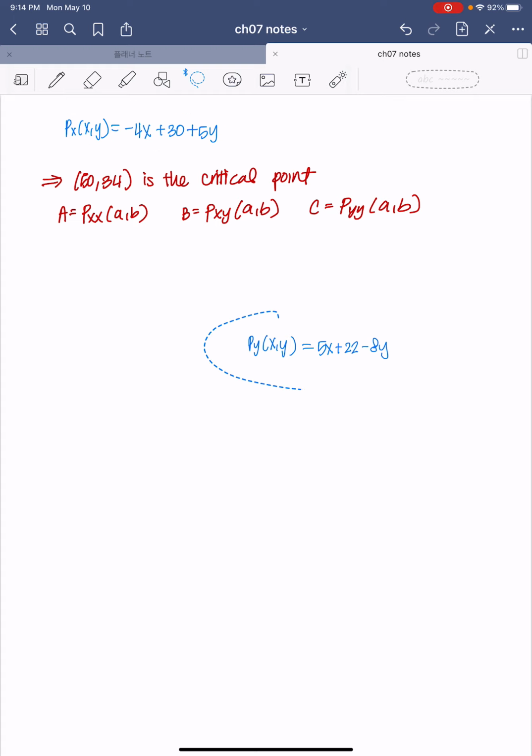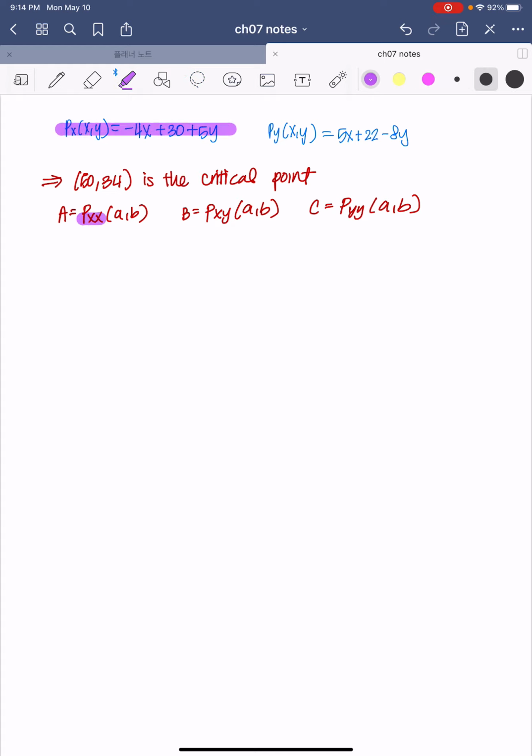So this is P of x function and this is P of y function. Now let's take the first one, P of xx. I'm going to use this one and take the derivative with respect to x again. So it will be only this term, so a is negative 4. Second one, same thing. I'm still going to use the purple one, but this time I'm going to take the derivative with respect to y. So this term. So I have b is equal to 5. And then c is this function here, P of y, with respect to y. So this one. So I have negative 8.